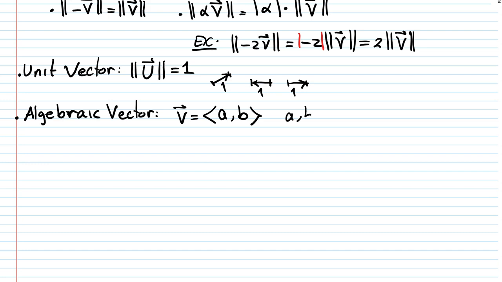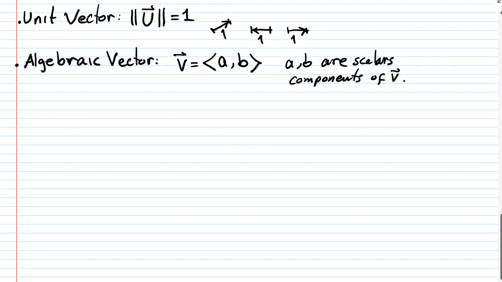Okay, A, B are scalars, and we call these components of vector V. That's what that is. Okay, now having talked about algebraic vector, we can talk about a position vector. Position vectors play a key role in physical sciences and engineering. So what is a position vector?